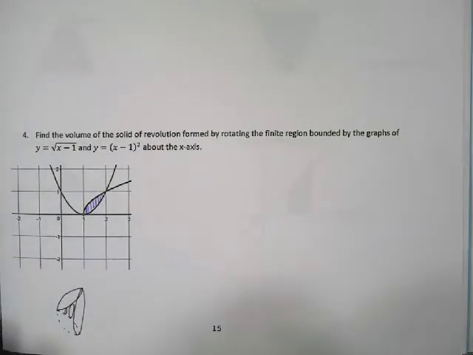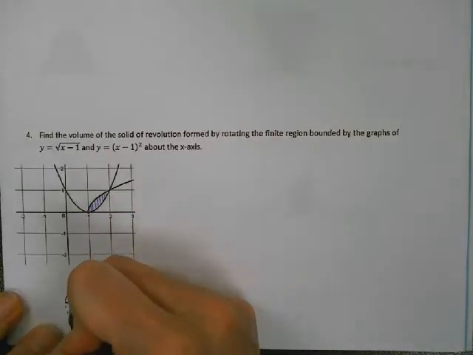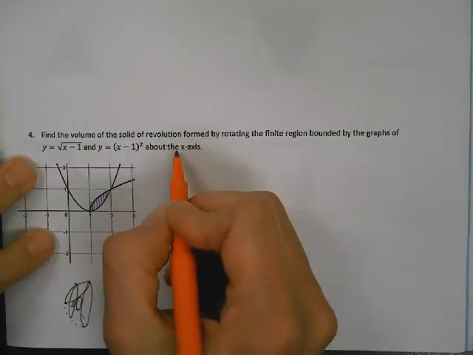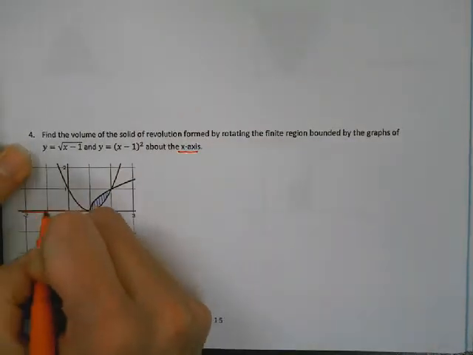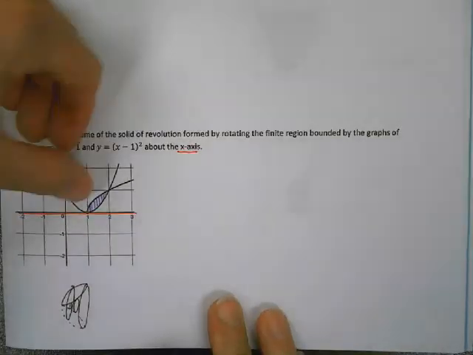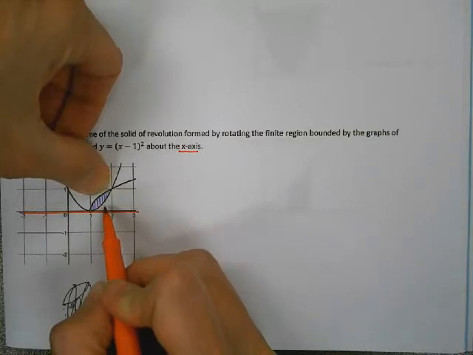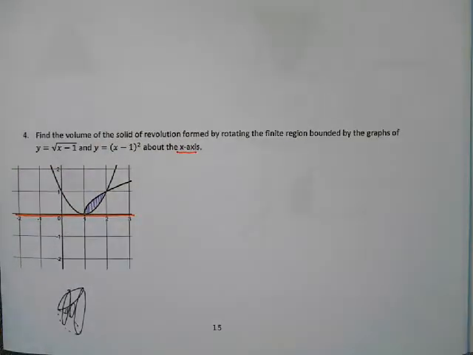I don't know if that helps, but to maybe visualize what's going on here. I'm going to have a hole in the middle of that solid, because if I go about the x-axis, you'll notice in between that shaded region and the x-axis, there's blank space, and we said that was going to create the hole.